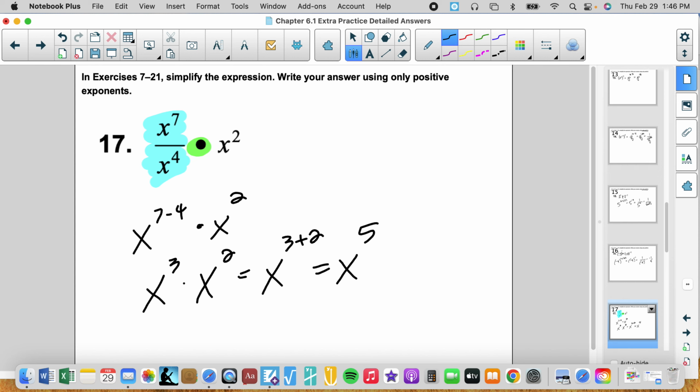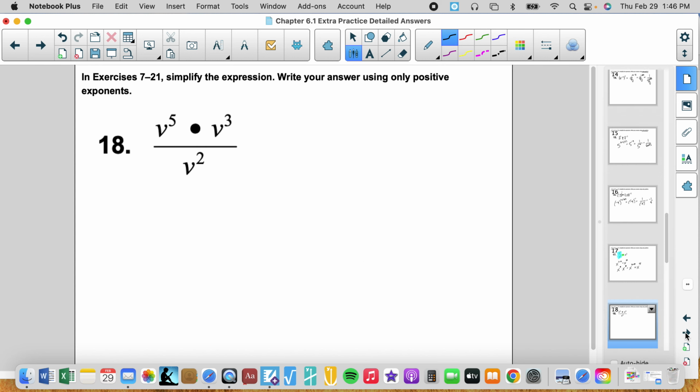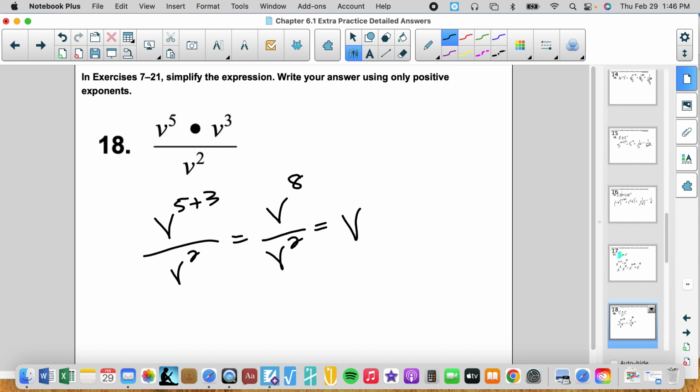Nice way of showing your steps. Because this is now a vinculum, we will do the addition first, v to the 5th plus 3 over v squared, which gives us v to the 8th over v to the 2nd, which equals v to the 8 minus 2, or v to the 6th.